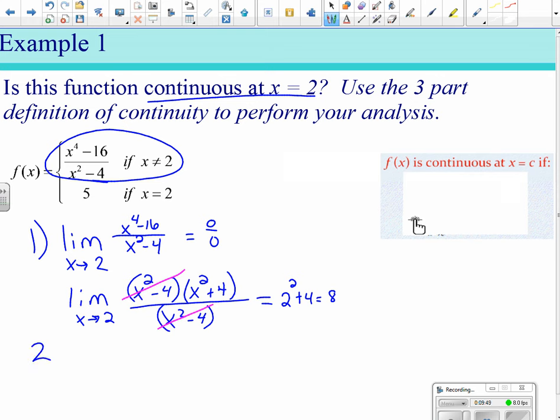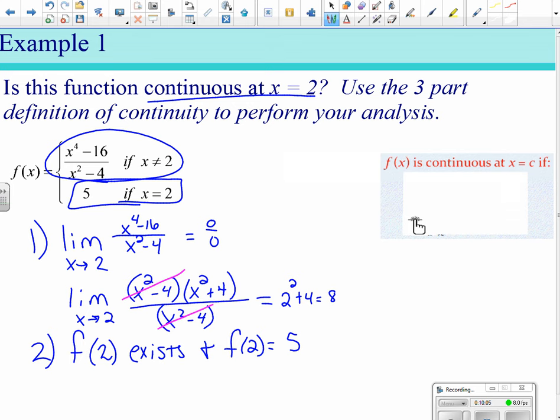Now, second part. Does the function have a value at f of 2? Does it exist? Well, yes, it does, because it's right there. f of 2 exists, and I know that f of 2 is really equal to 5. So my final thing that I need to conclude is, does the limit equal the value of the function evaluated at 2?